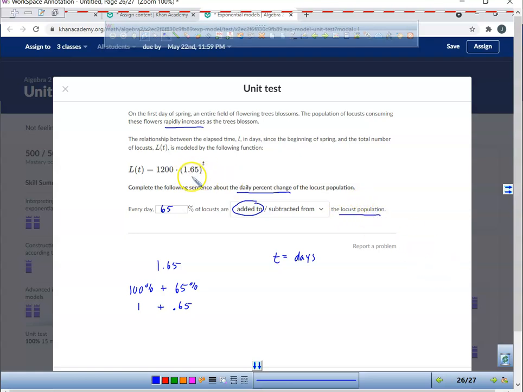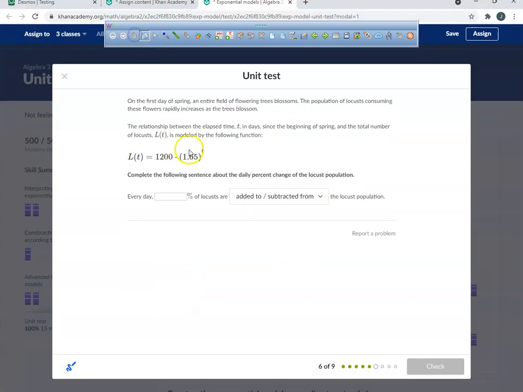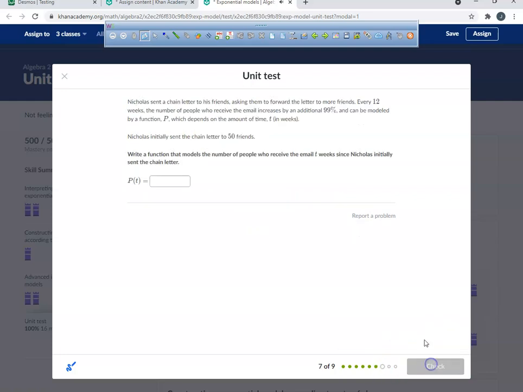Just take that number right there, break it down into its percentages, so you know that 65% is being added to it over and over and over again. So I'm just going to type in 65 added to, and we'll see if I am right. 65% is being added to. Hey, it worked.